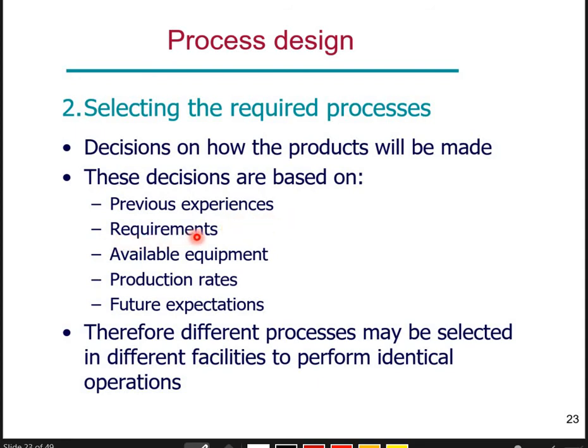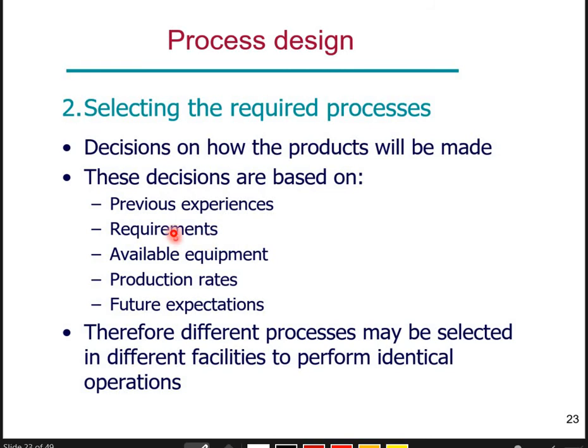You identify the requirements. If you are producing, let's say, flat metal, then you will be using sheet metal as the raw material, and then you need cutting operation, you need stamping operation, you need bending and welding operation.